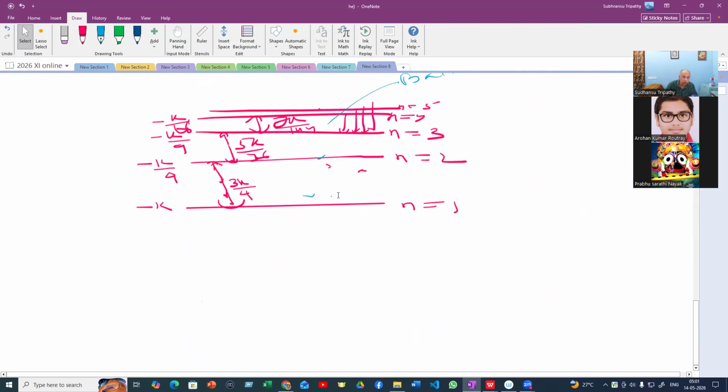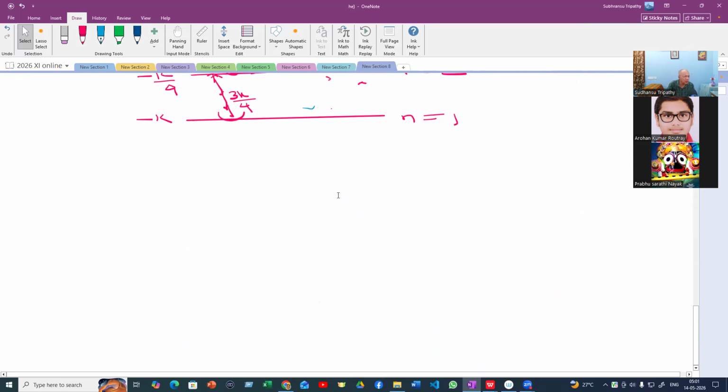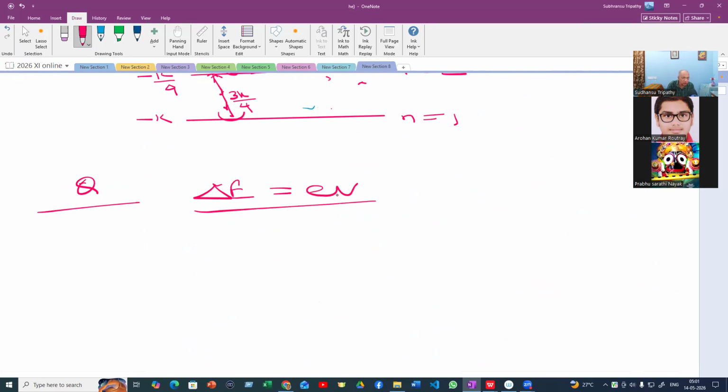So now, another question. You find out what is delta E in electron volt for sending the electron in hydrogen atom from the ground state to the fourth shell.